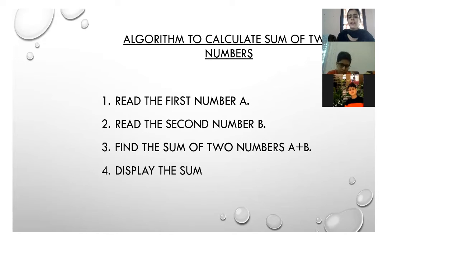You can simply write input first number A, or if you have used any number, input first number 20, input second number 30, find the sum of two numbers 20 plus 30, display the sum. Is it clear? Simple language and very short steps, an algorithm is written. Is it clear, children?